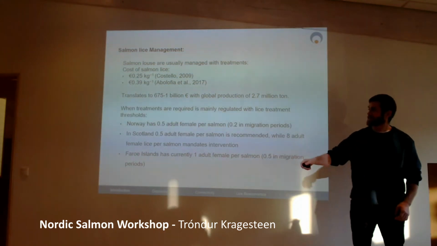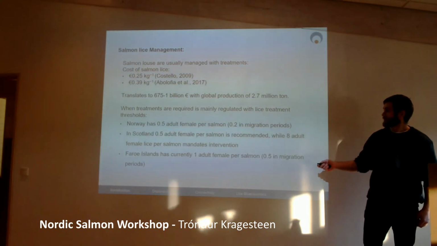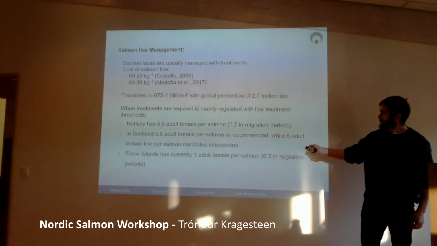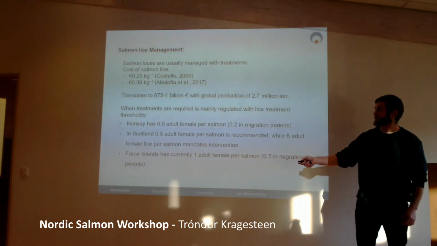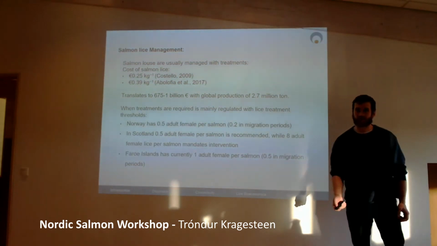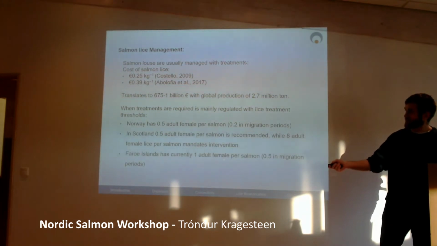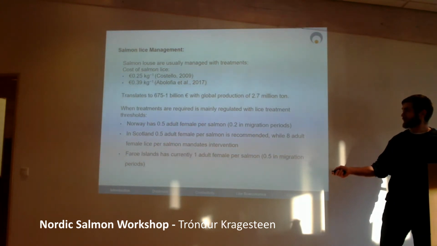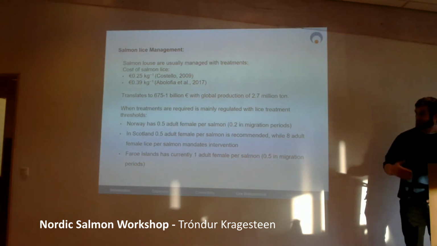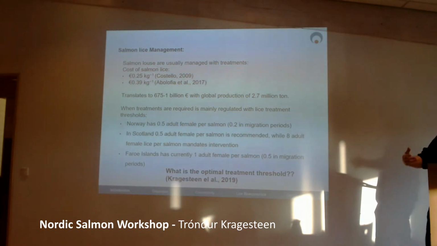In Scotland, it's recommended to have 0.5 adult female per salmon, but if it's more than 8 adult females per salmon, that mandates intervention. In Faroe Islands, we recently lowered our treatment threshold to 1 adult female per salmon, where we have 0.5 in migration periods. So there's a lot of difference.